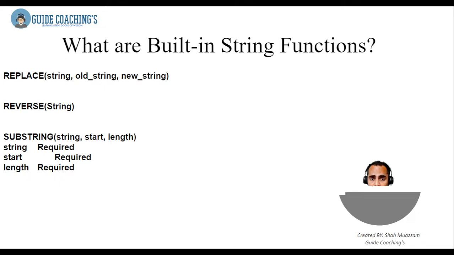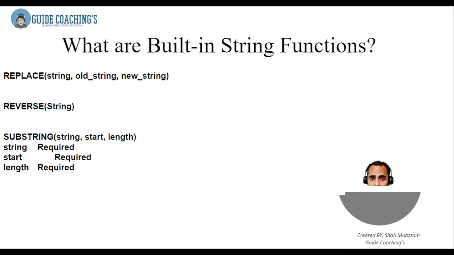I want to get my name, so I is at first place, then space, a, m: 1 2 3 4 5 space, and then at the sixth position my name is coming, m. So I will write start position as sixth and length as 7. It will take that particular string and give me that result.